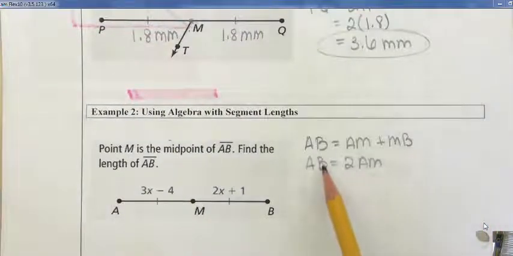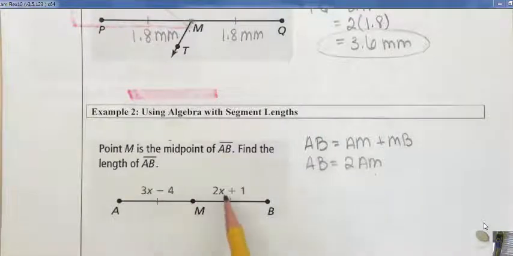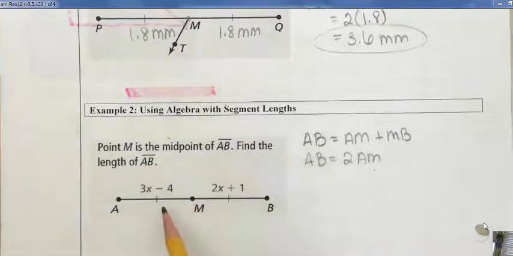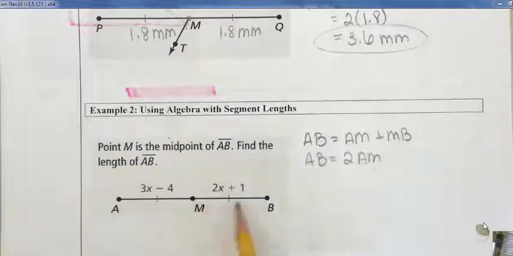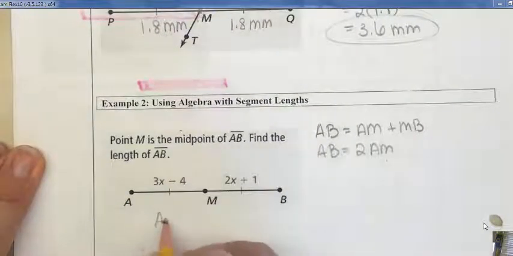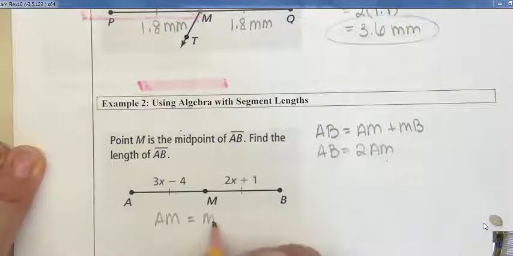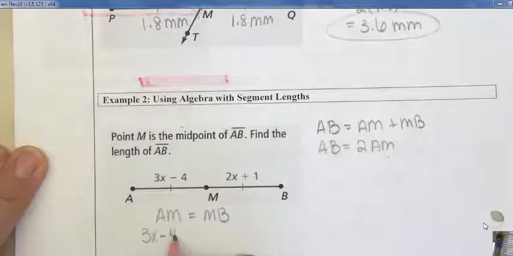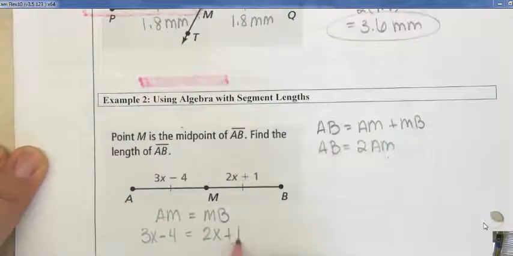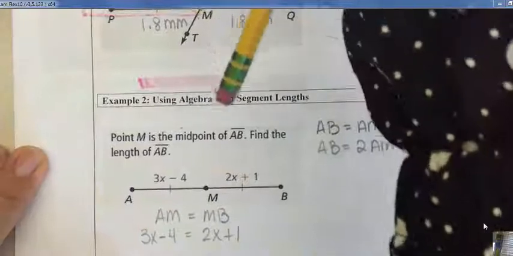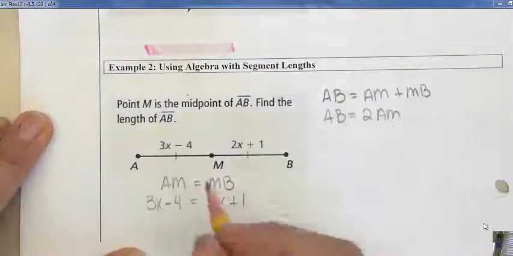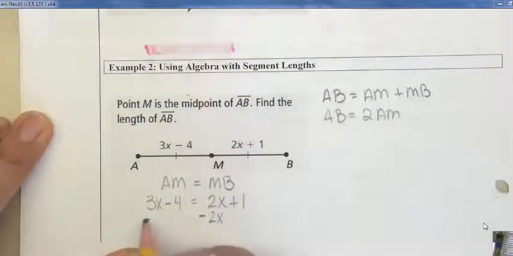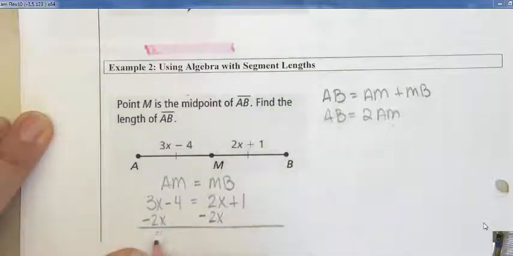Well, before I can calculate any of this, I need to figure out what x is. Look, I don't have any idea what x is. What I do know, though, is that AM has to equal MB. So I know that the length of AM is equal to the length of MB. So I know that 3x minus 4 is then equal to 2x plus 1. I can now solve for x because I have an equation. So I will solve for x by subtracting 2x on both sides. That leaves me with x minus 4 equals 1.